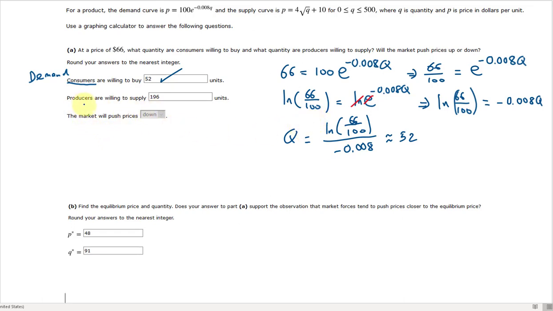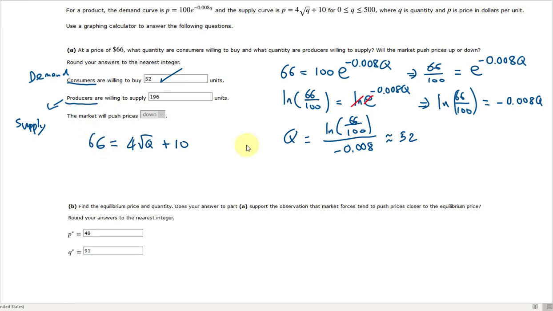The second one: producers are willing to supply how many units? Anytime we are talking about a producer, we know that we have to use the supply curve. The supply curve is right here, 4 square root of Q plus 10, and again, the price is still 66, so I plug in 66.